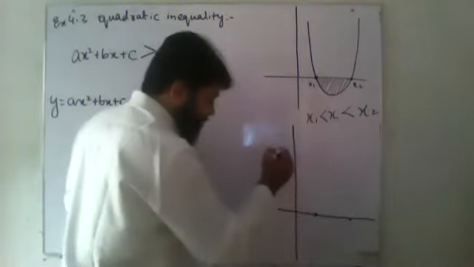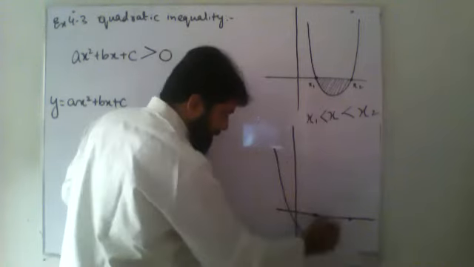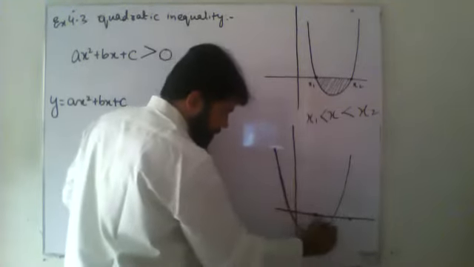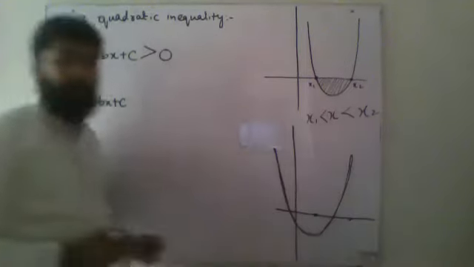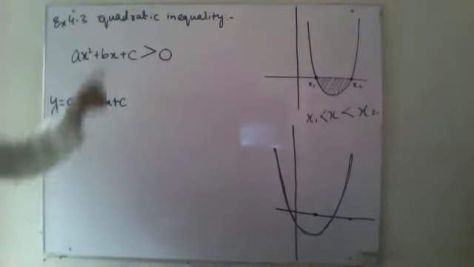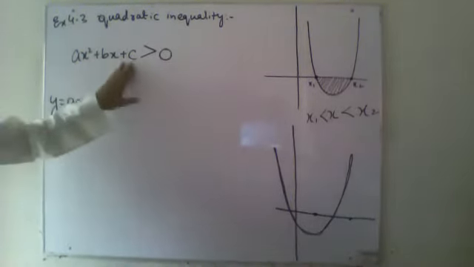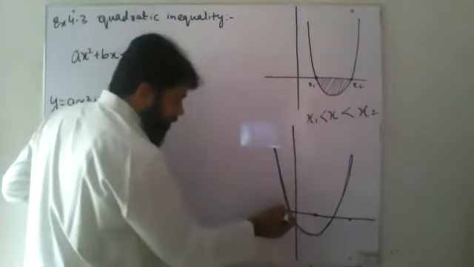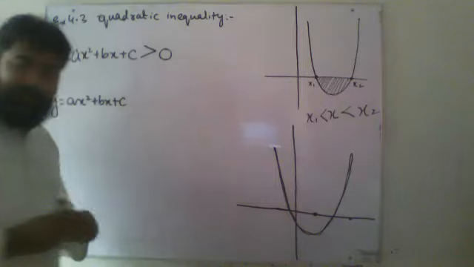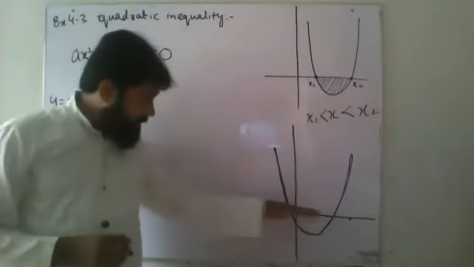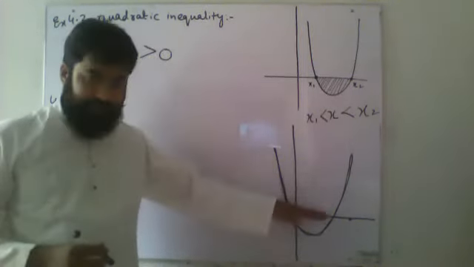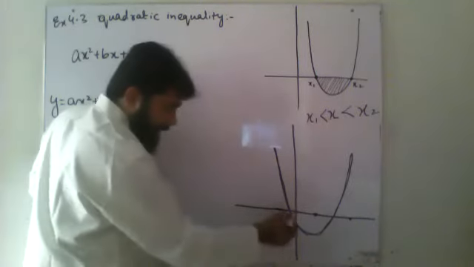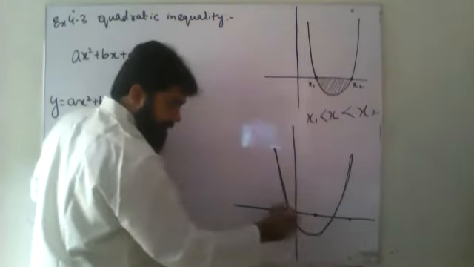For instance, this is my curve. Now they are saying the value of this curve is greater than 0. It means the value of y of this curve is greater than 0, and greater than 0 means above the x-axis. I can't go over here because it is below the x-axis.